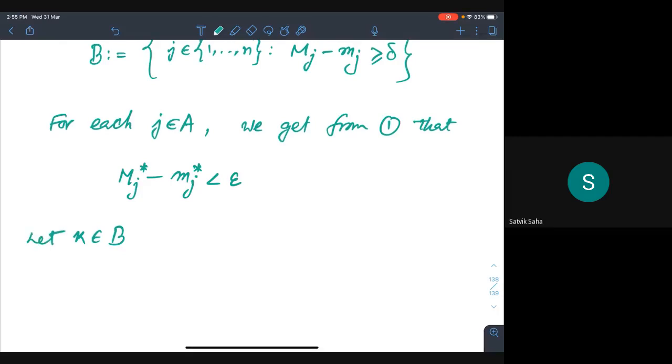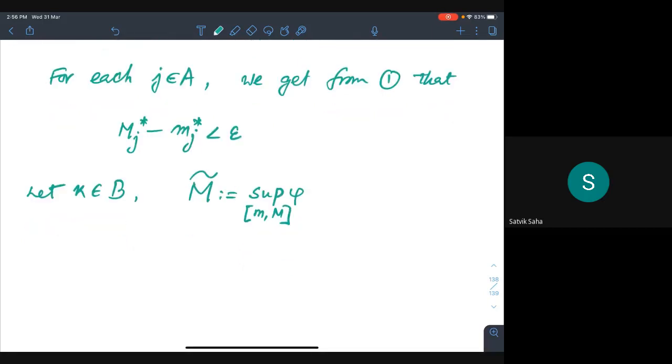Let k belong to B, then what happens? So then you look at, suppose capital M tilde is the supremum of h on B. So which means I can take the supremum of the map h on the interval from small m to capital M. Now this Mk star minus small mk star, the infimum will be less than or equal to the supremum, right?